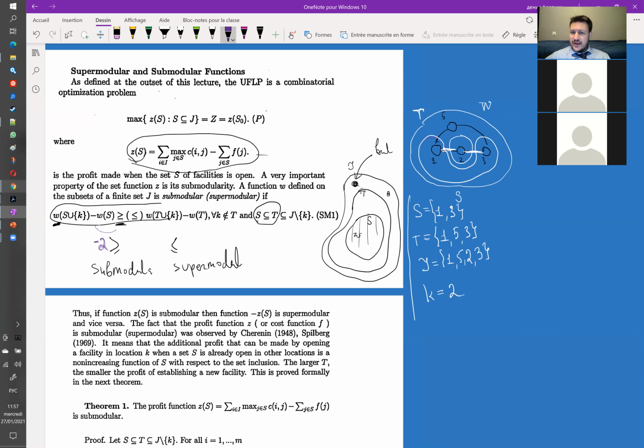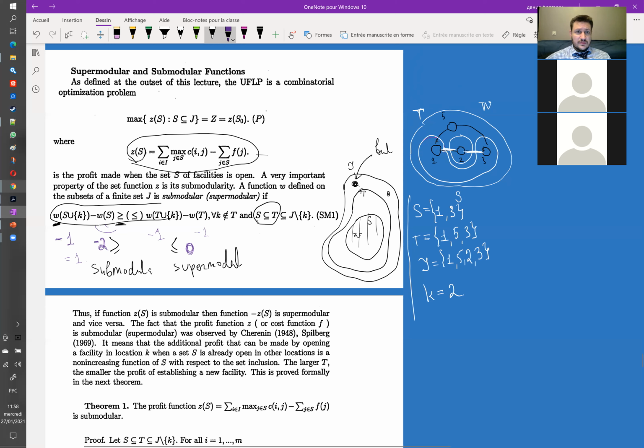And if we add 2, then we have -1. And -1 minus -2 equals 1. And here, if we have 1, 5, 3, and we add 2, well, it doesn't matter. So it's 1 here and 1 here. So it's just 0.